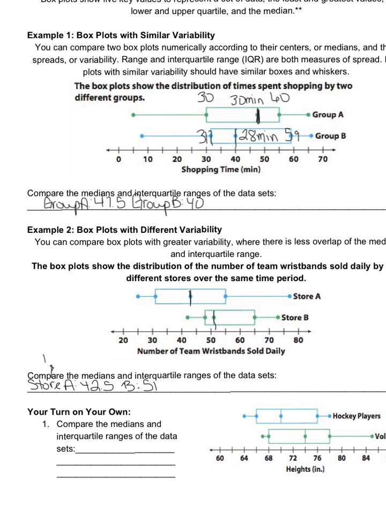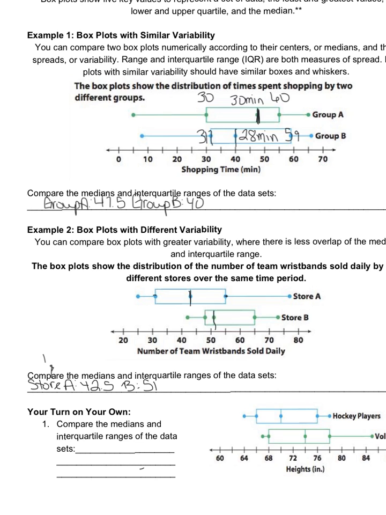But now when we look at the interquartile range, the interquartile range is actually different. It's actually much larger for store A than it is for store B. We can just see that by looking that the blue box is much larger than the green box.